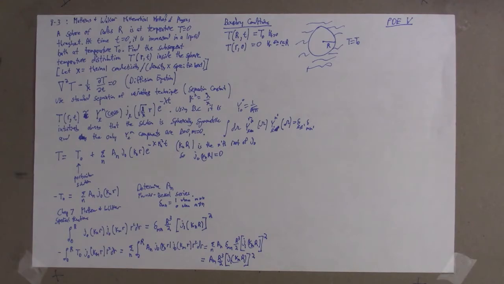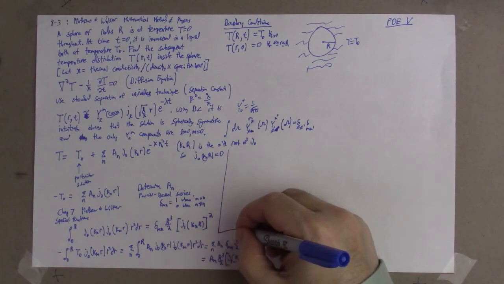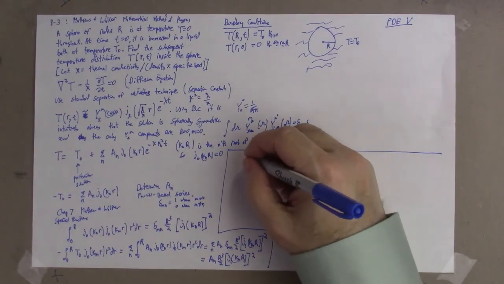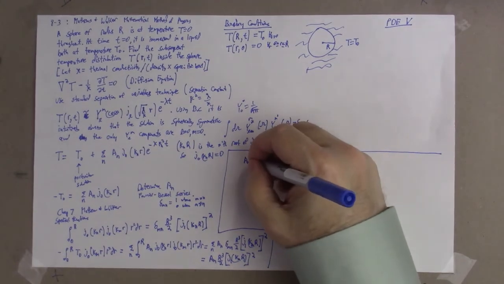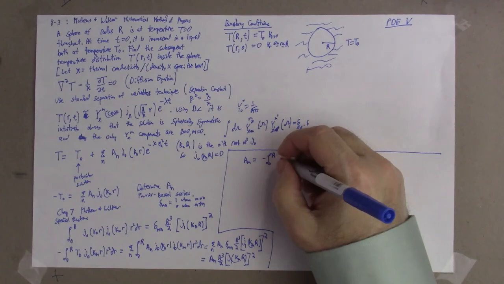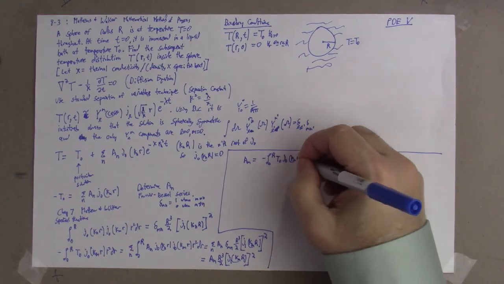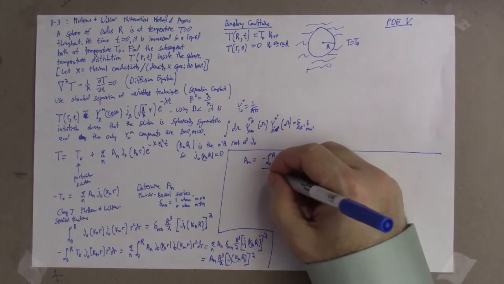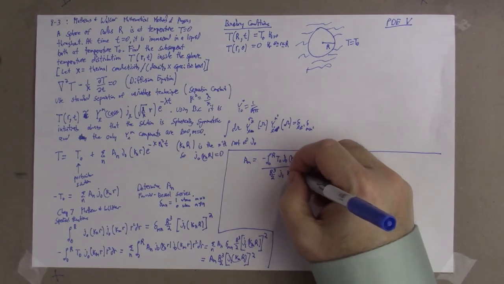Okay. Now, this implies, running out of room here, that am, dividing this by this, is equal to minus the integral from 0 to R of T0 J0 kmr r squared dr divided by R cubed over 2 J1 km R.